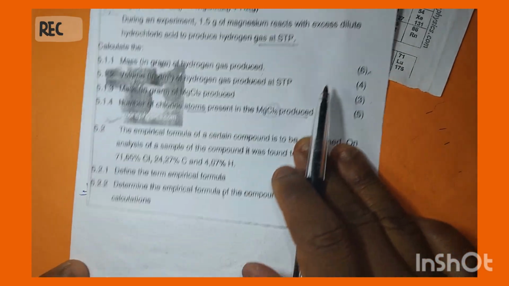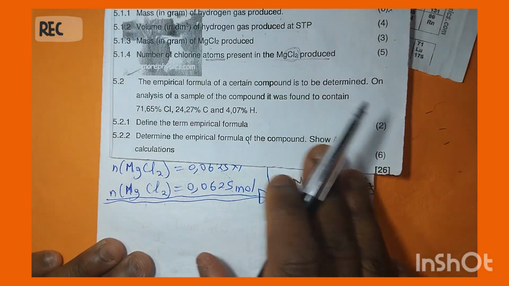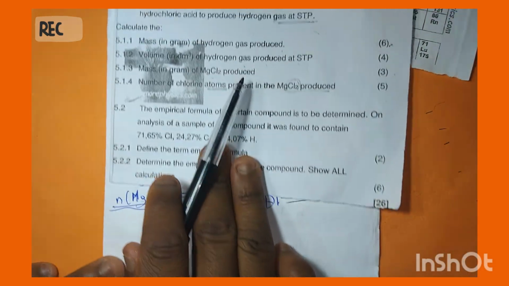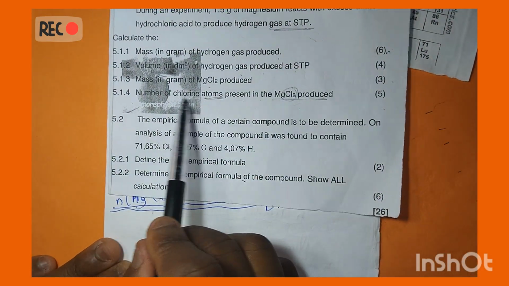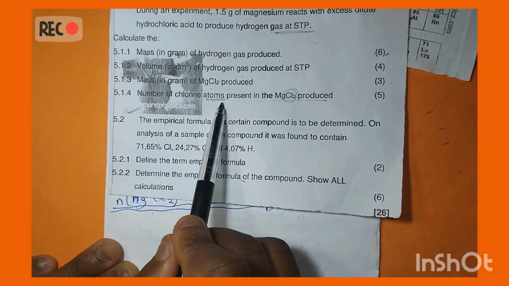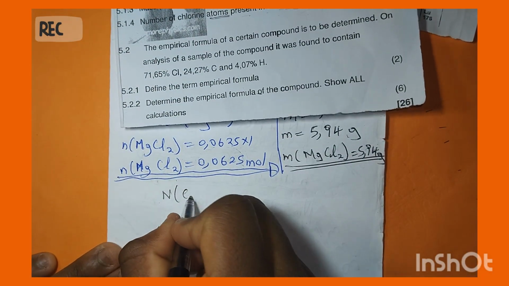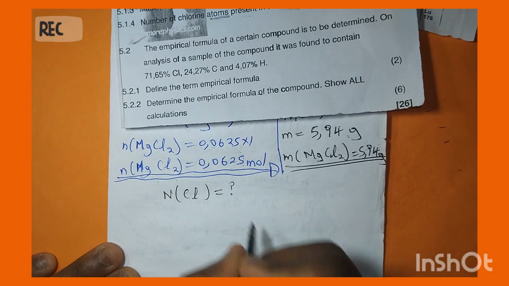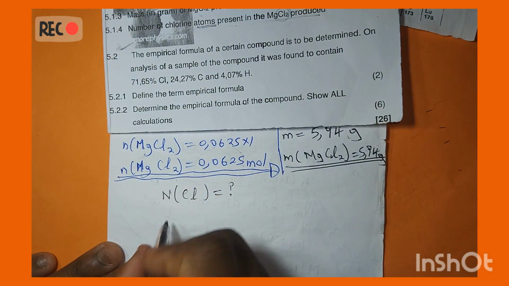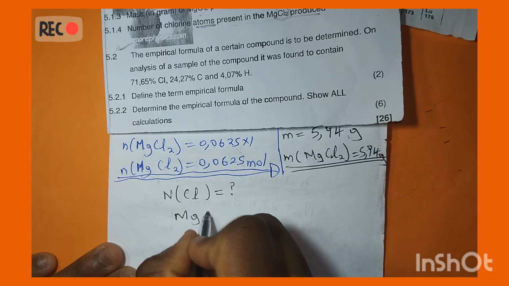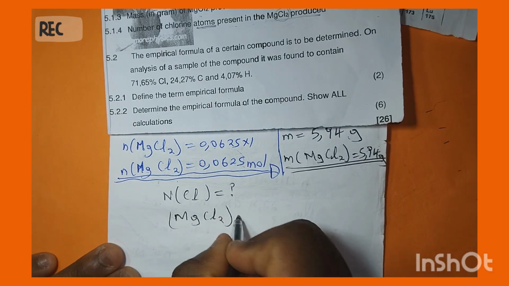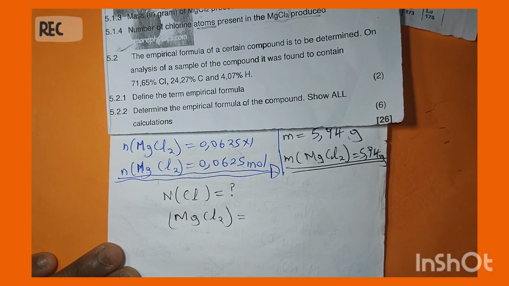A key thing, guys, that you should understand about this question: what are they asking you? Number of chlorine atoms, meaning they ask you about the number of particles of chlorine. But now which are present where? On this compound there. They are present in that compound.